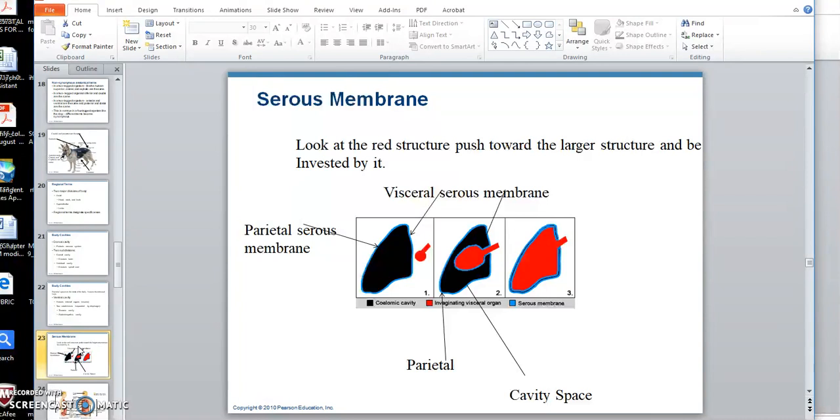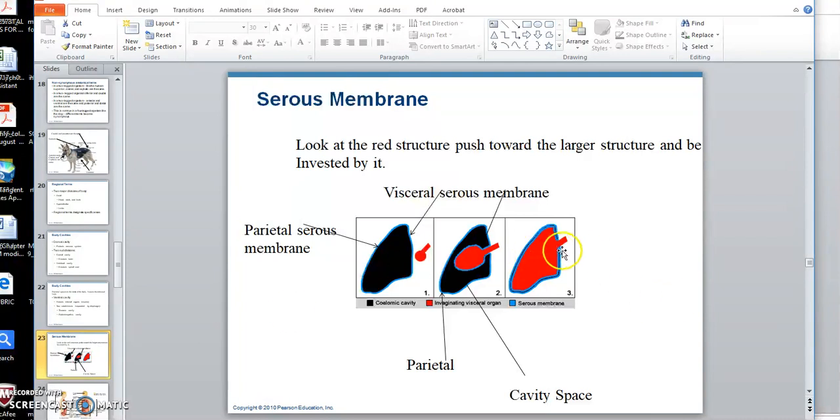Serous means wet in medicine. So if you say something is a serous secretion, it means wet versus a mucoid secretion or something of that nature. We have some thin wax paper almost consistent, the serous membranes in the body. These serous membranes encompass some of our organs in the body.